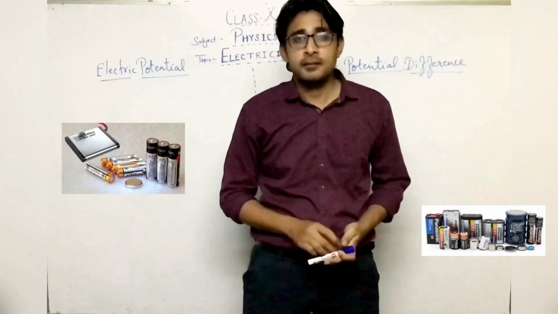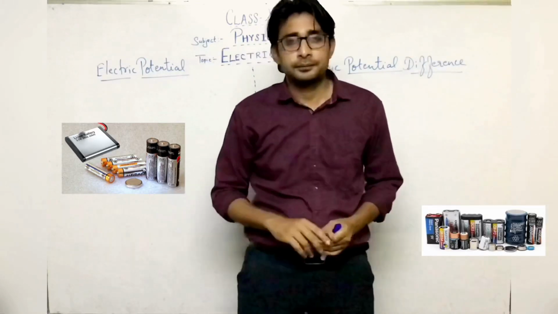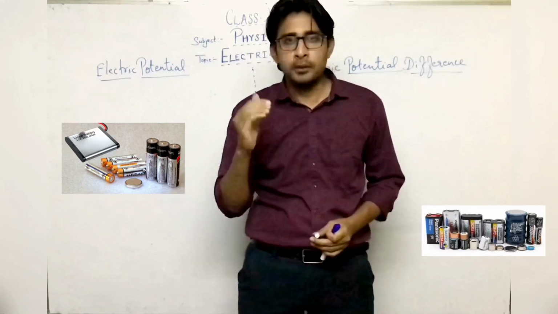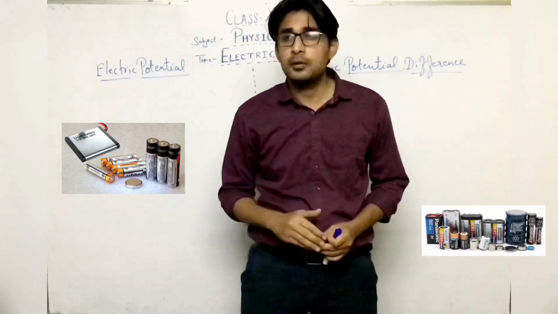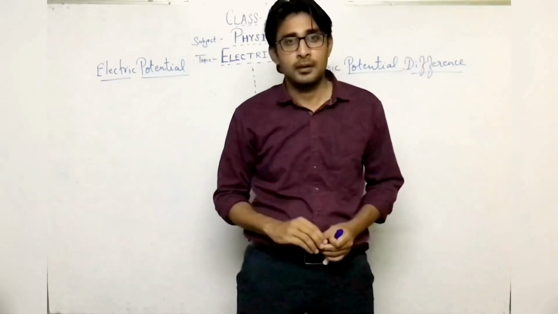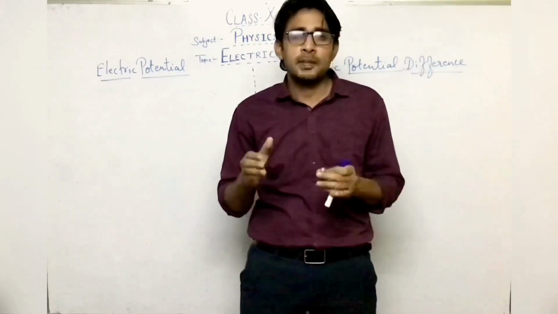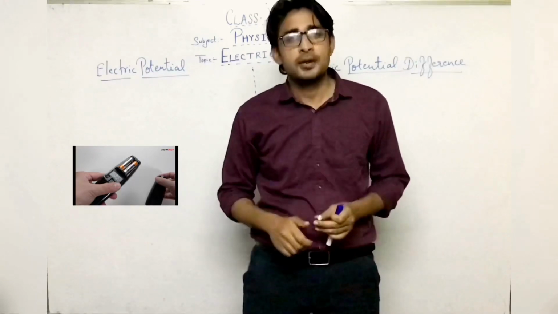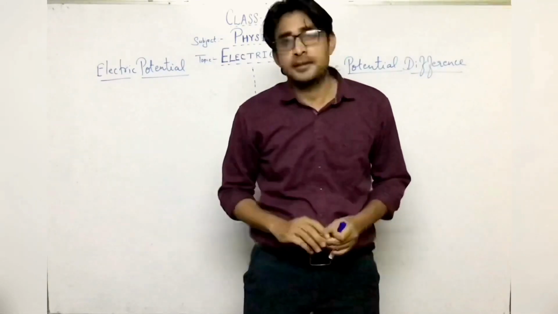Also, there are cells available like this in the market, which are of 1.5 volt, 5 volt, 9 volt or even 12 volt, which we use to run electrical appliances like TV remotes or AC remote or wall clock, etc.